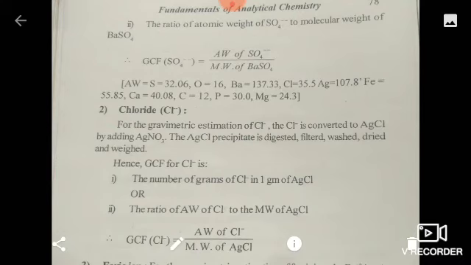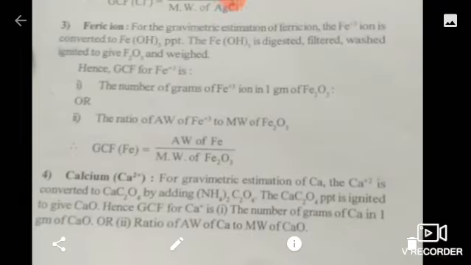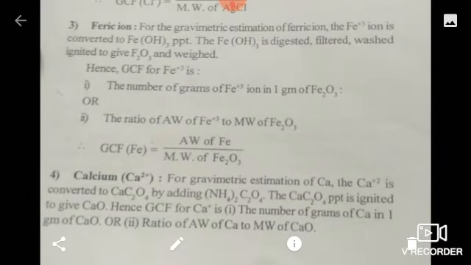It is the number of grams of Cl in 1 gram of AgCl, or the ratio of the atomic weight of Cl to the molecular weight of AgCl. Therefore the gravimetric conversion factor for Cl minus is equal to the atomic weight of Cl divided by the molecular weight of AgCl. In this way one can calculate the gravimetric conversion factor for chloride.